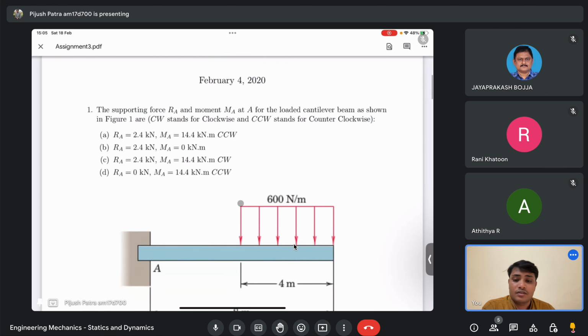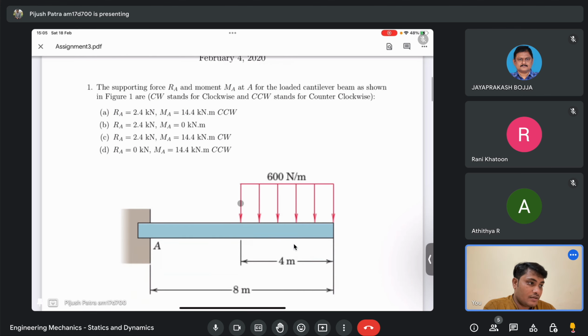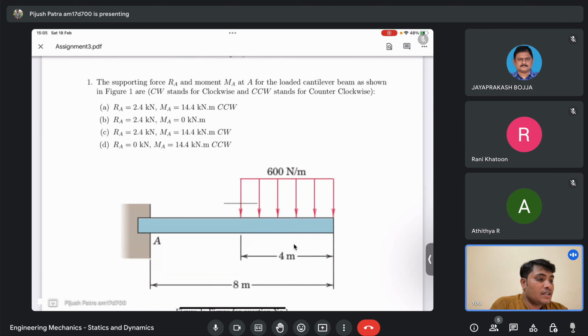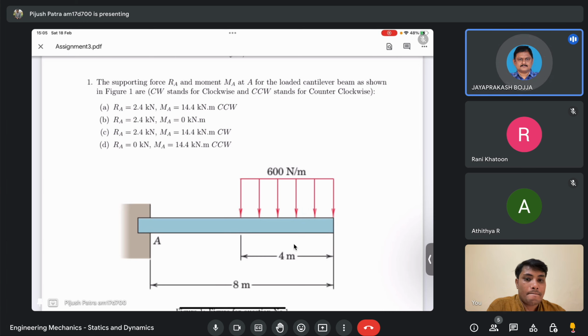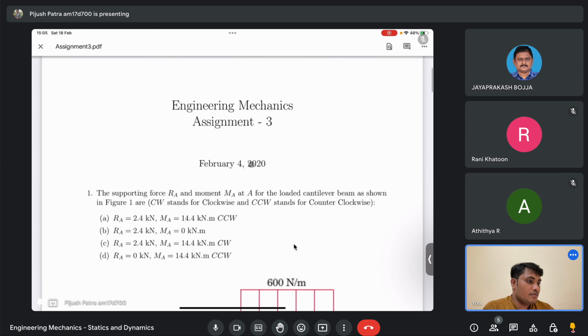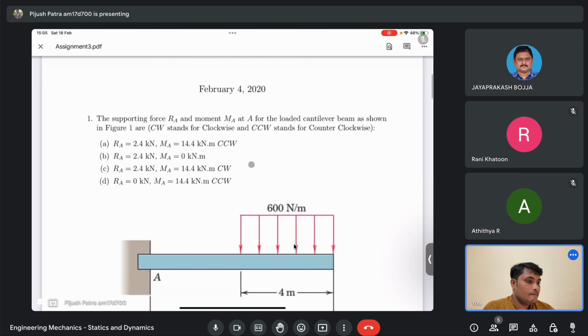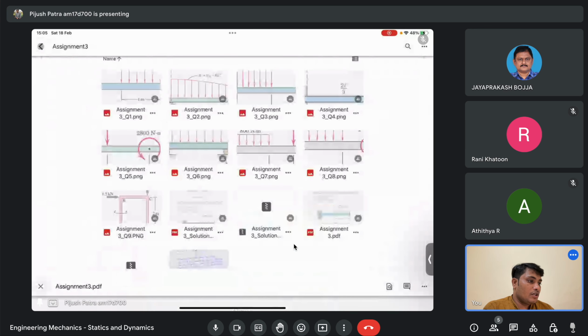So this is your assignment 3 problem, I guess. The first problem says, everyone can read the question and the diagram, right? Are you able to see the screen where I shared problem 1? The diagram is clear, but the question is not clear, sir. Okay, let me share it once.